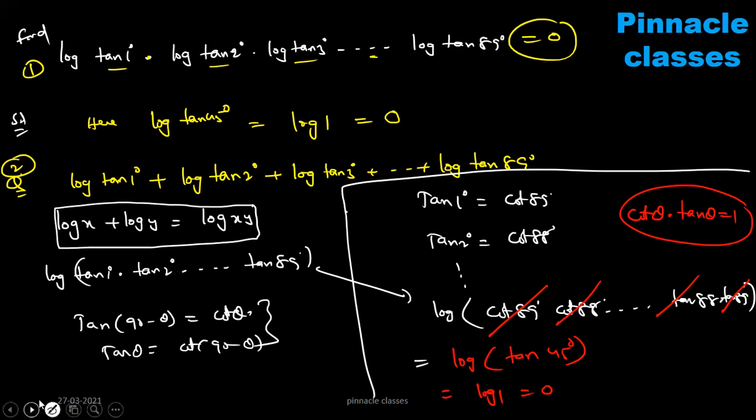Next model I'm giving. Find x. Question number 1: log of x into (x plus 3) to the base 10 is equal to 1.